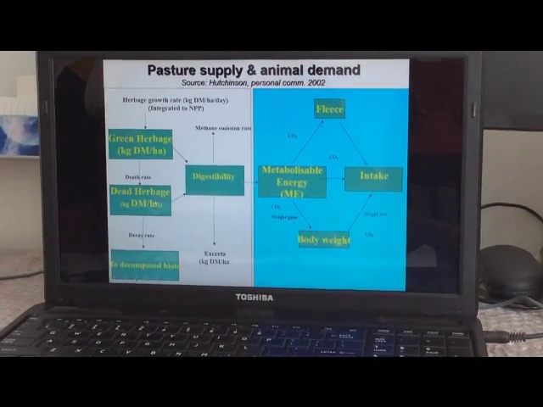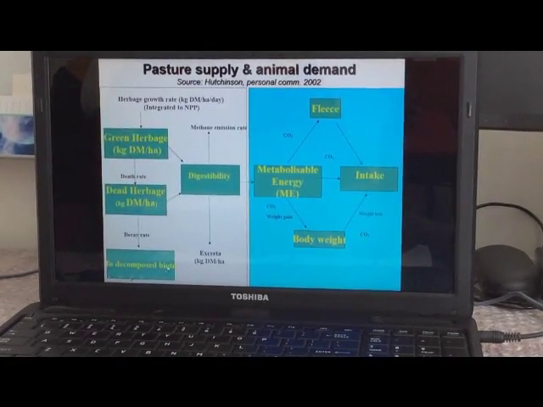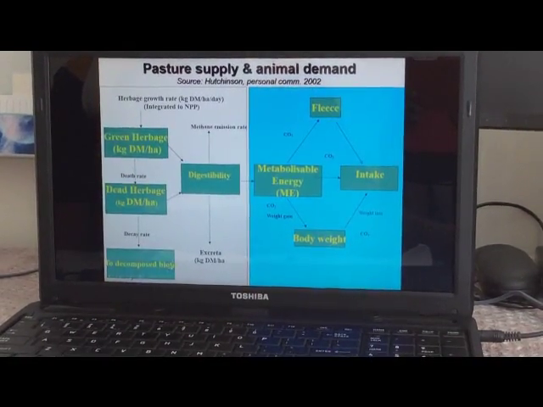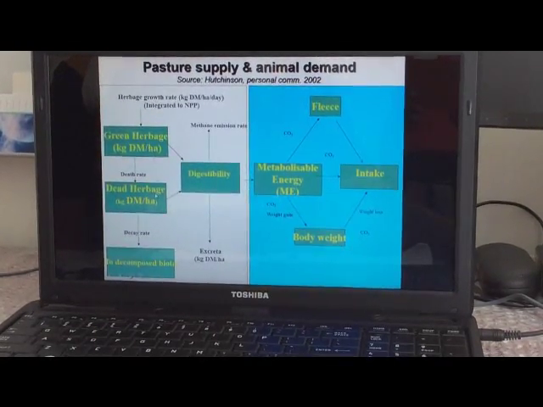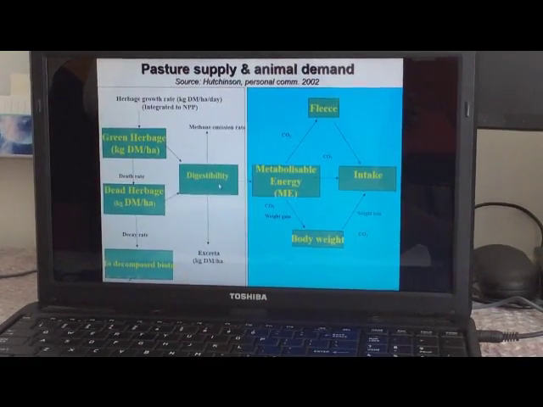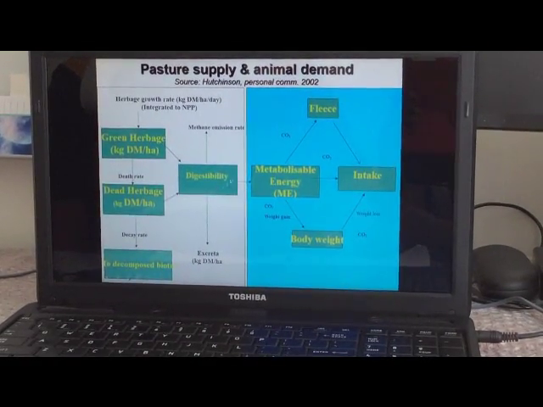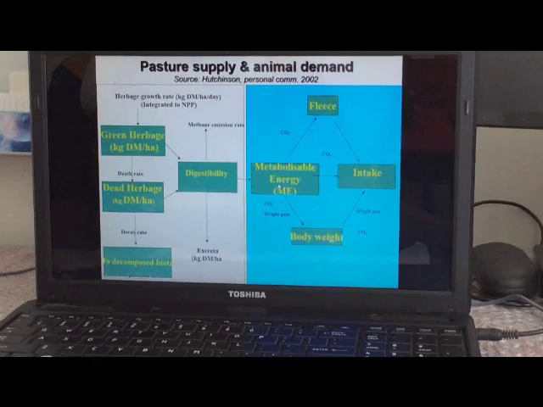But if the dead herbage mass is not being utilized by the animals, it turns into decomposition by biota back into dry matter in the soil. Both green herbage and dead herbage mass, as I said, have their digestibility content, which is the quality. And when it's being consumed by the animals, it leads into metabolizable energy in the animal system.